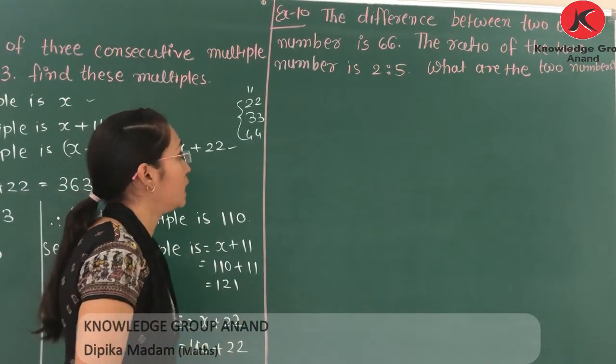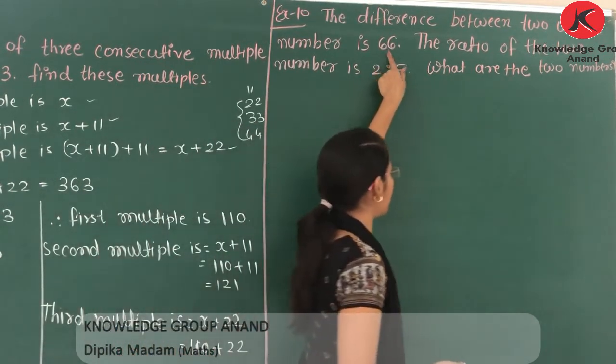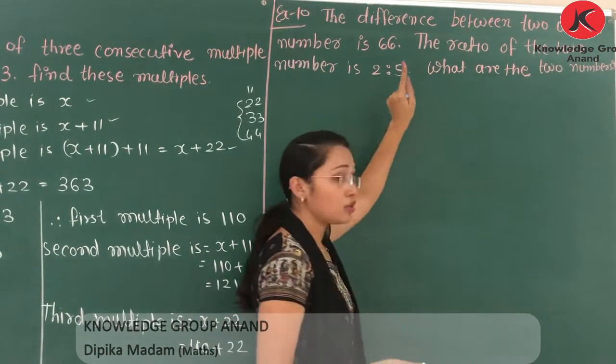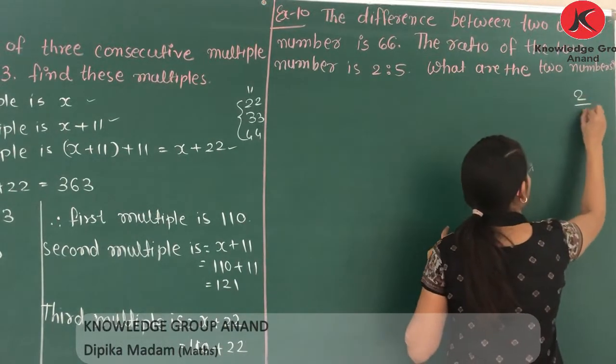Example 10. The difference between two whole numbers is 66. The ratio of the two numbers is 2:5. Now what is the ratio? You can write like this.